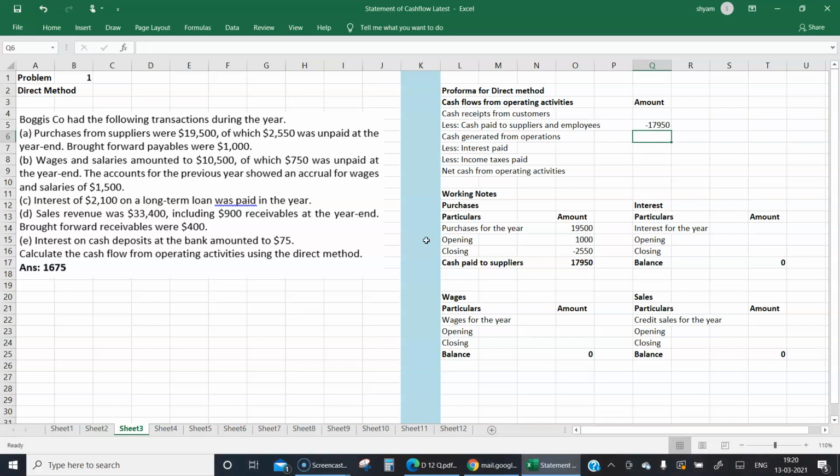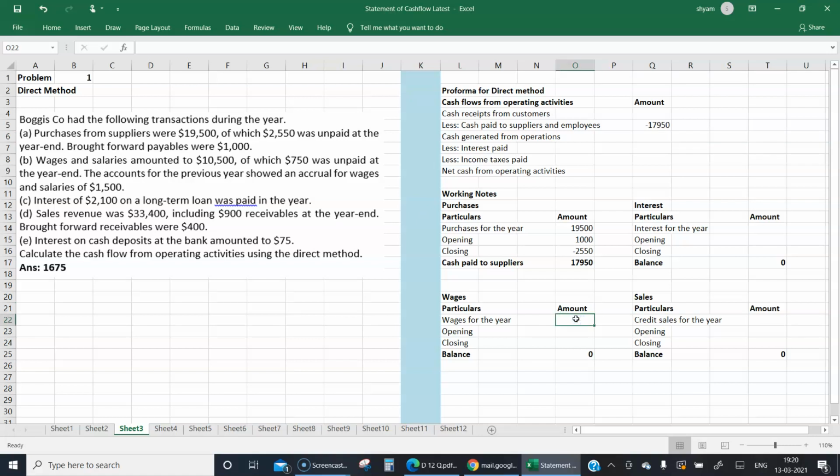Next, wages and salaries amounted to 10,500. So the current year bill is 10,500 for wages, of which 750 was unpaid at the year end. The accounts for the previous year showed an accrual for wages and salaries of 1,500. So we'll open a wages account.